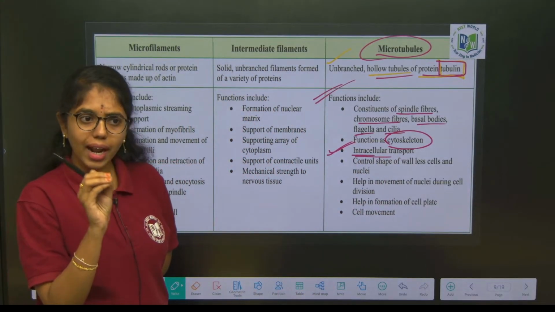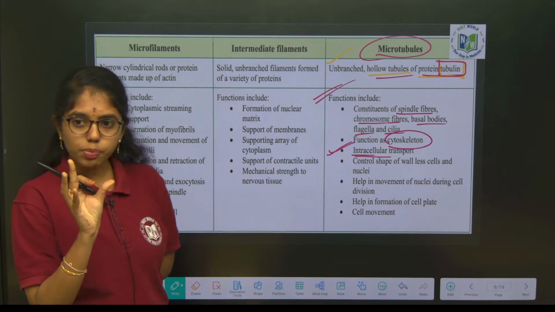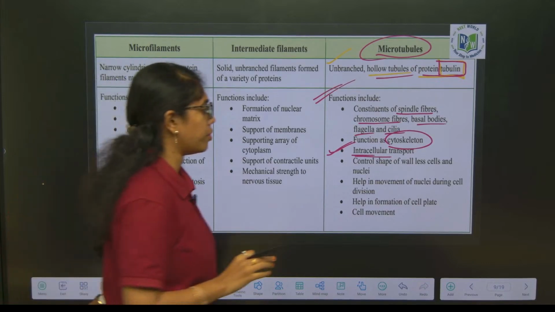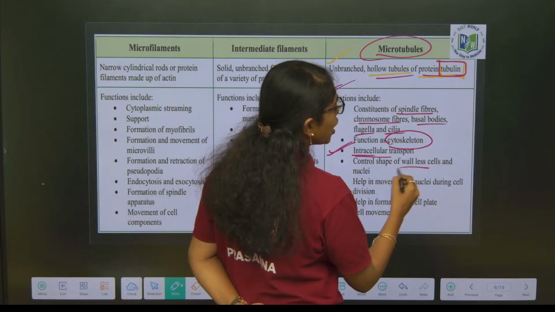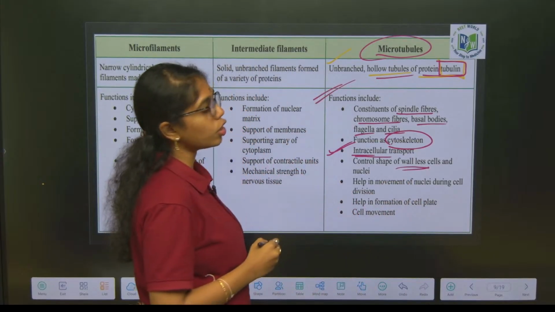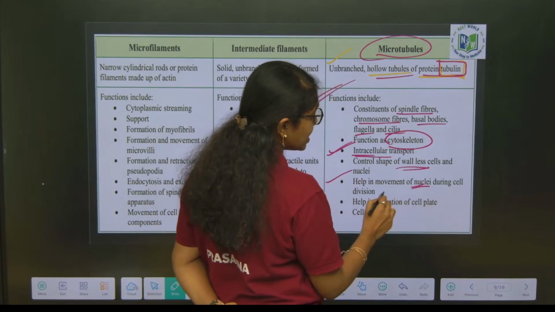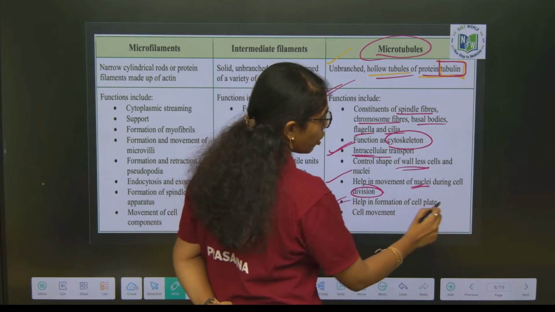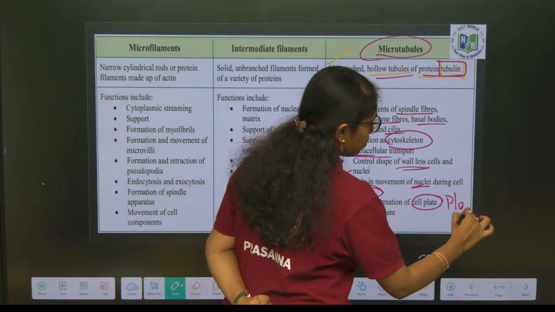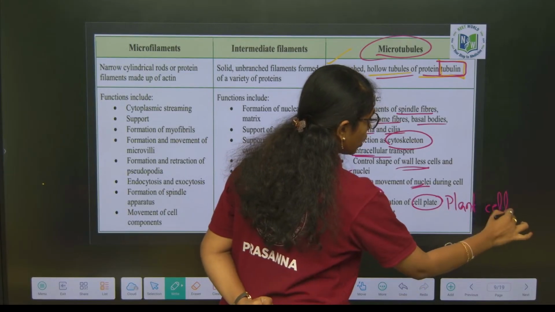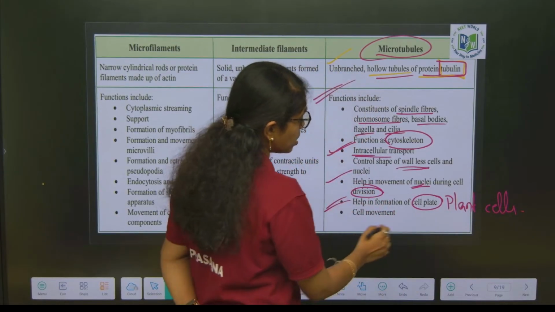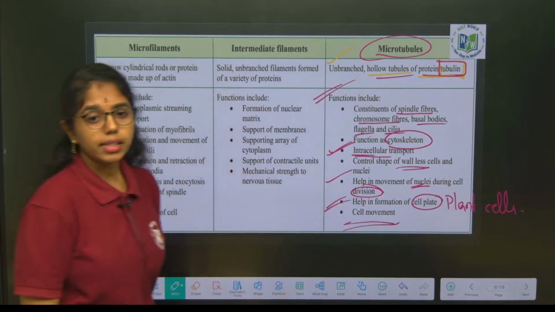For transport of any intracellular targets, microtubules are helpful, and this controls the shape of the wall-less cells and nuclei. This helps in the movement of nuclei during cell division and helps in formation of cell plate in plant cells during cytokinesis, and it also aids in cell movement.